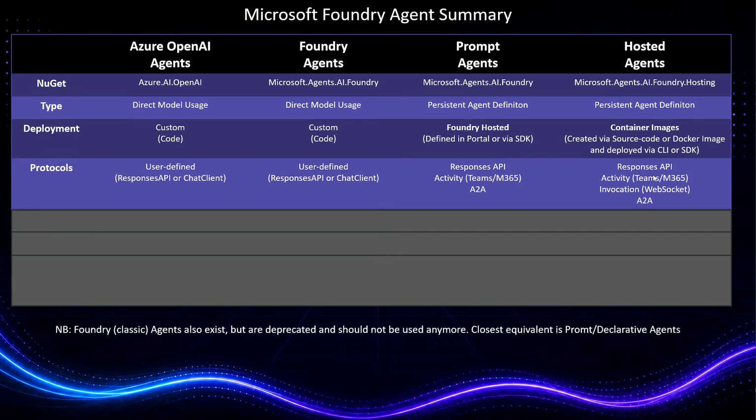Hosted agents can do the Responses API, activity protocol with Microsoft Teams and so on. It can also do invocation. I haven't tried it out, but it can do something with WebSockets directly instead of REST APIs. And it also has A2A.